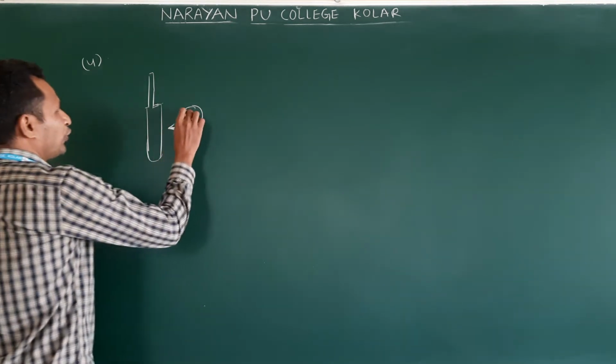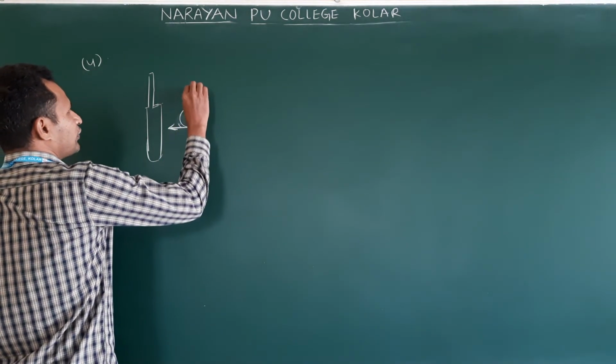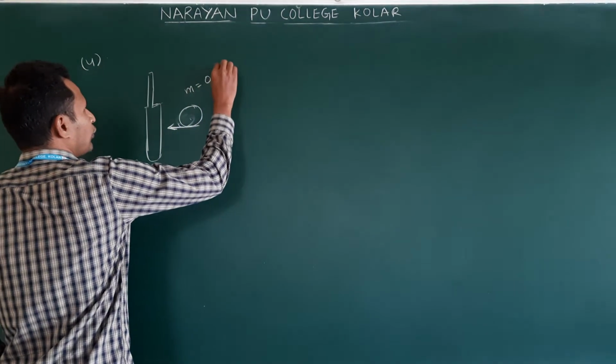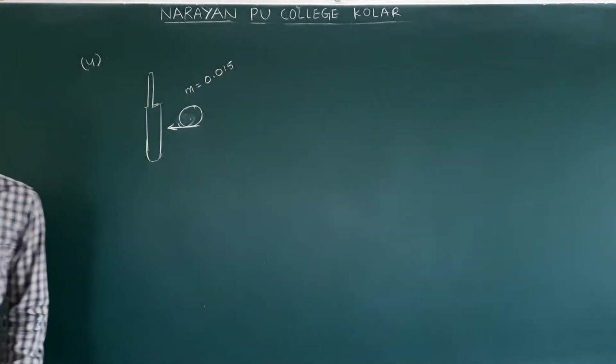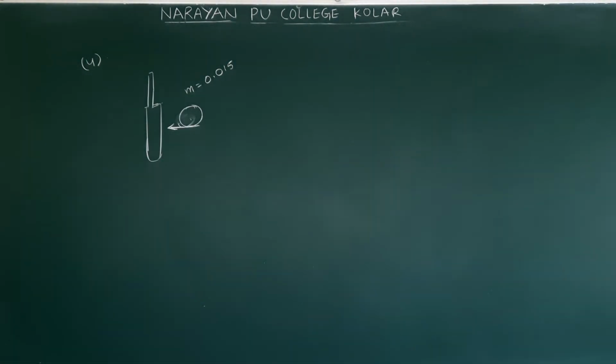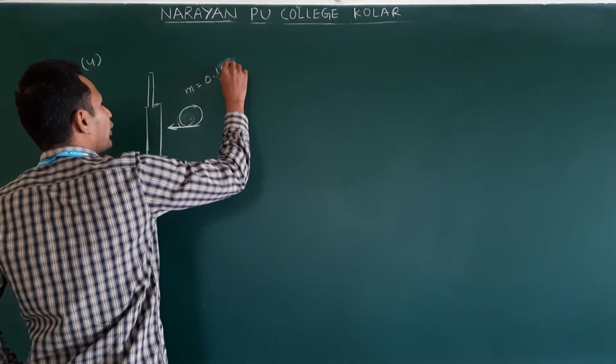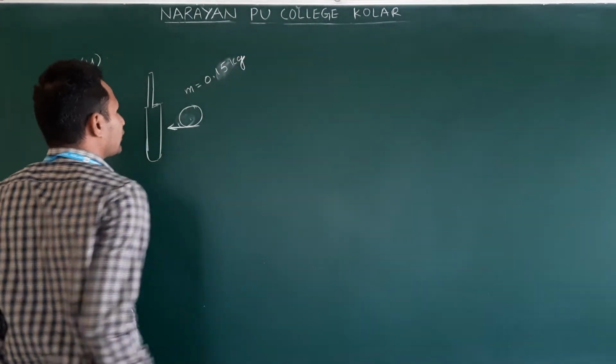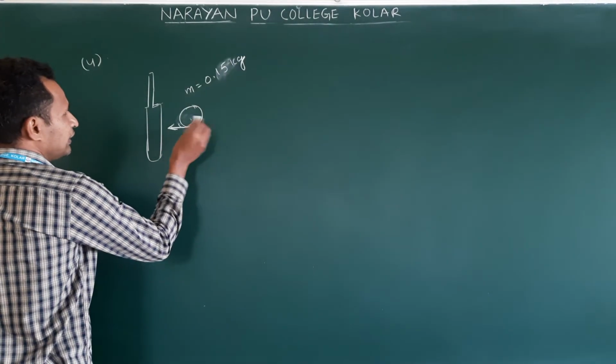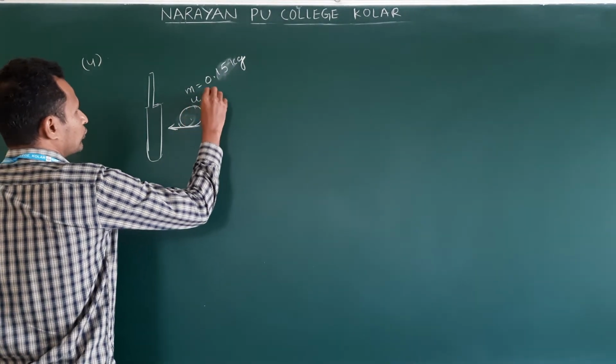Before the hit, the mass of the ball is given as 0.15 kg, coming with initial velocity u.